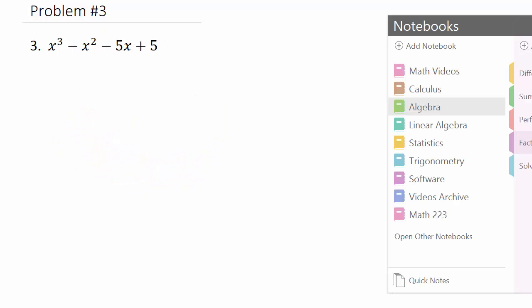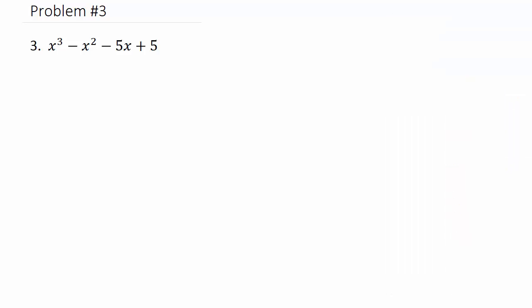Alright, one more. Once again, four terms, so let's split it down the middle. Out of this first part, I can factor out an x squared, and that leaves me with x minus 1.